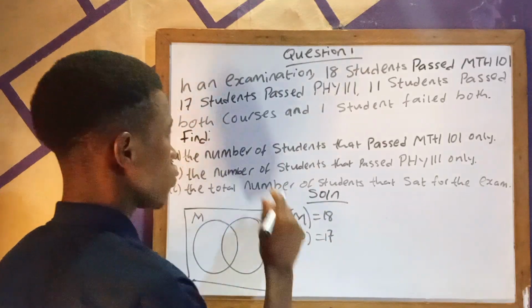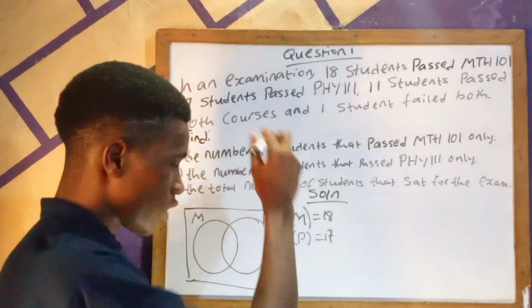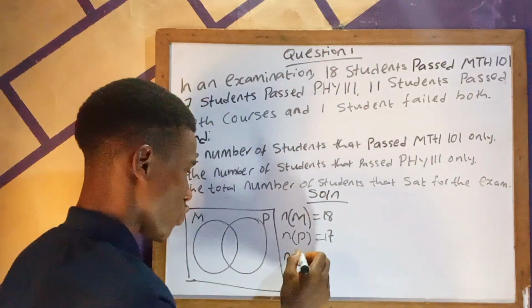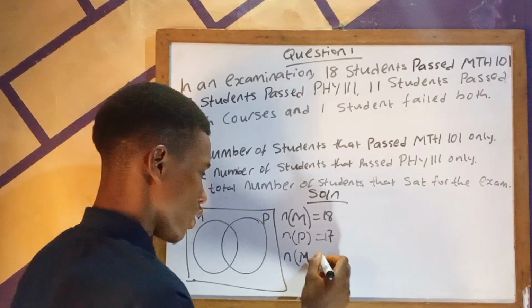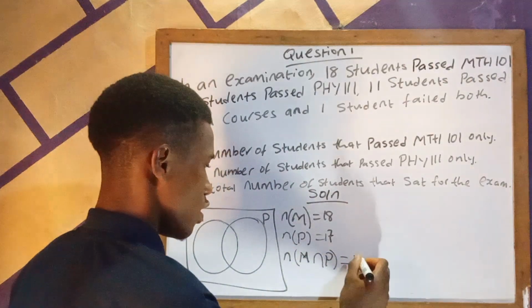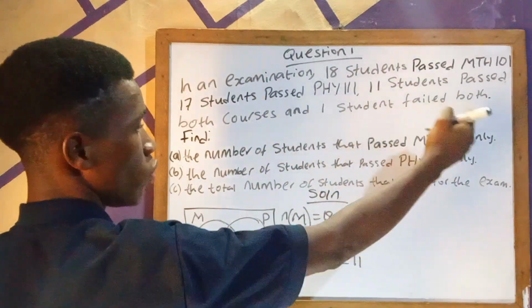Next we say that 11 students passed both courses. So the cardinality of both courses will be this place here, that is the intersection, Math 101 intersection Physics 111, 11 students. Now we say that one student failed both courses.